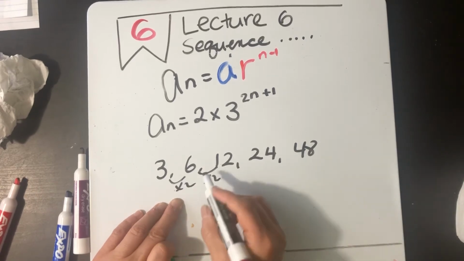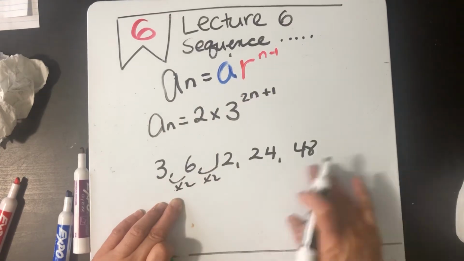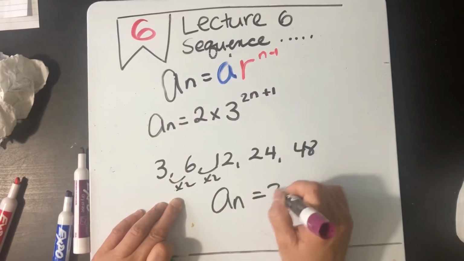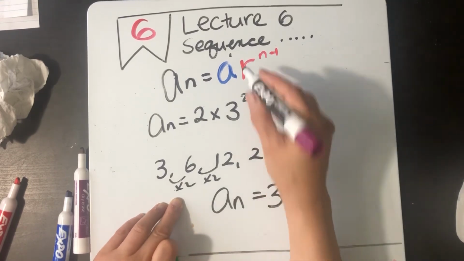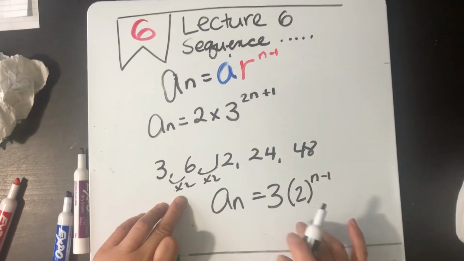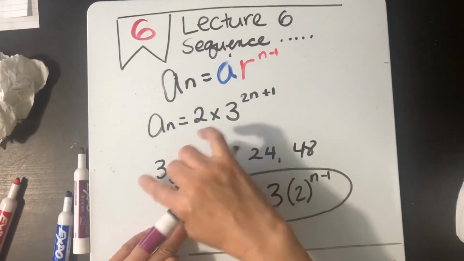So if I were to write the formula AN for this sequence, A is the first term, 3, and then R is 2, so I put 2 to the N minus 1. That will be the formula for this sequence.